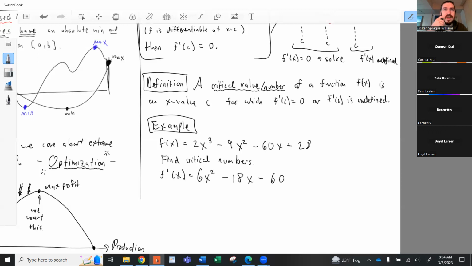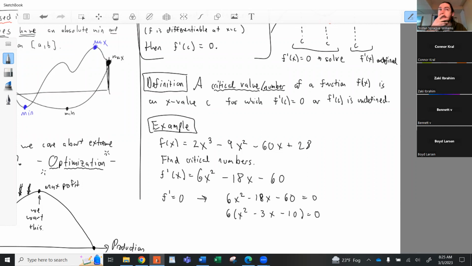Right, the derivative of that 28 will be 0. So there's that. And then what we want to do is set that equal to 0. So f prime equals 0 and figure out where that could happen. 6x squared minus 18x minus 60 equals 0. Now I can factor out a 6 here. x squared minus 3x minus 10.